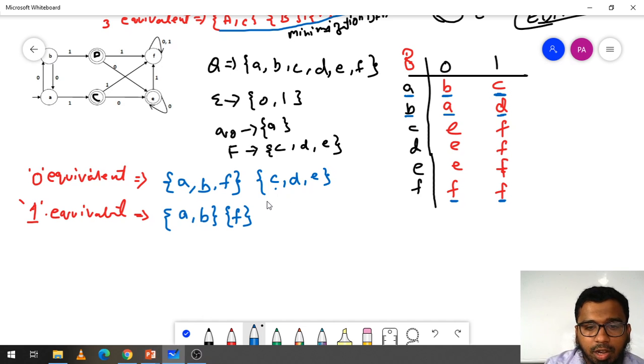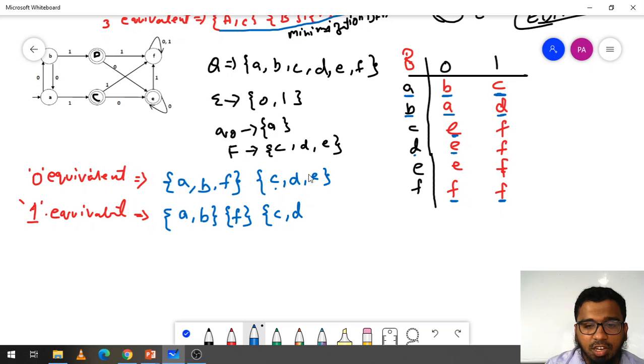Now we need to do the same operation on C, D and E. C on 0 is E and D on 0 is E. Yes, both are the same, and E is only here. Next, C on 1 is F, D on 1 is F. So C comma D is one equivalent because both go to the same state in the same set.